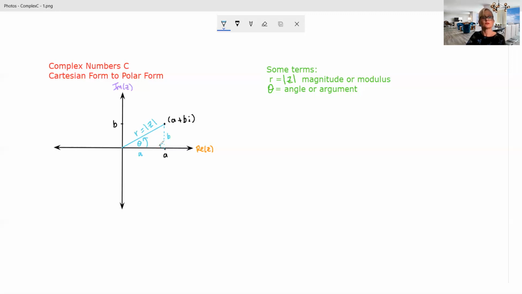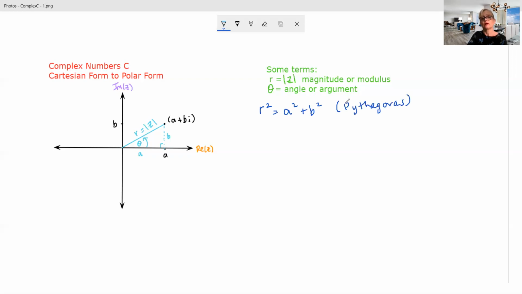Okay, let's have a look at this right-angled triangle. How are we going to work out R? Well, R's quite easy because we've got a right-angled triangle and we know Pythagoras. So R squared equals A squared plus B squared.